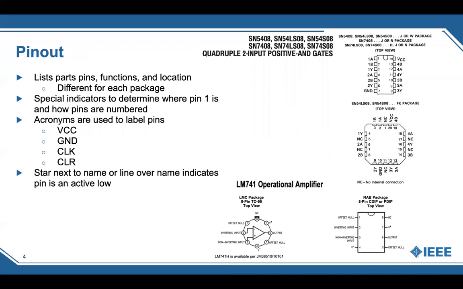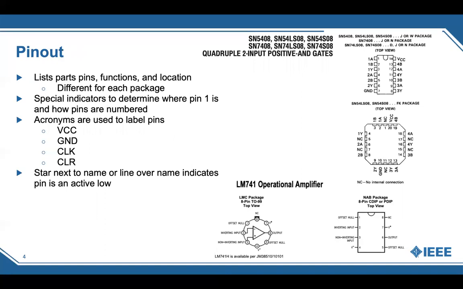One of the next things that you'll see on a datasheet typically is a pinout. If it is an integrated circuit like the ones on the right, it will have one. If it's just a diode or a transistor or something like that, you might not see such an extensive pinout. But the pinout lists the pins and functions and the locations, and they're going to differ for different packages.